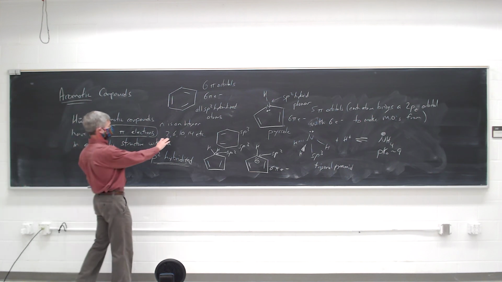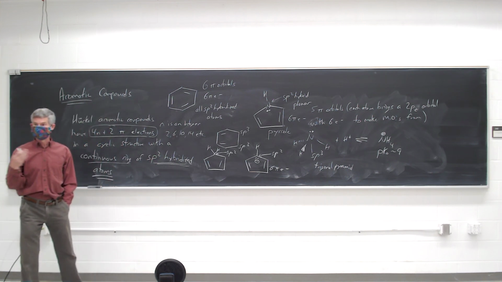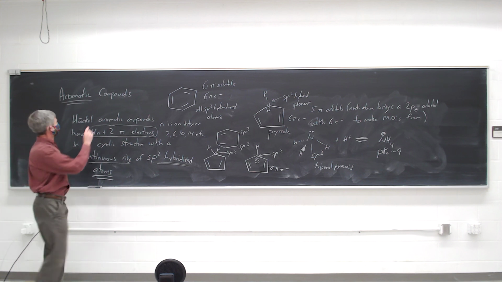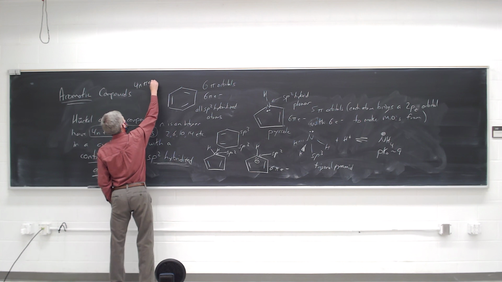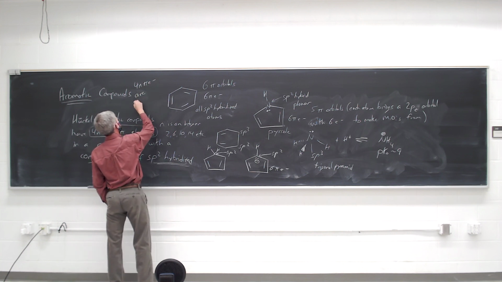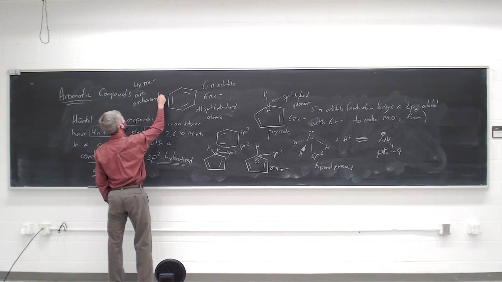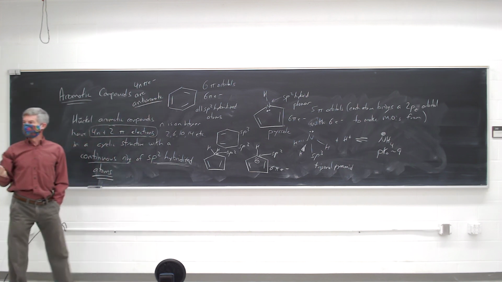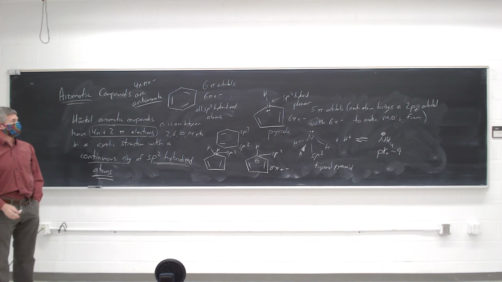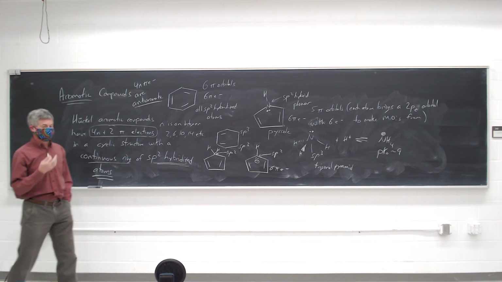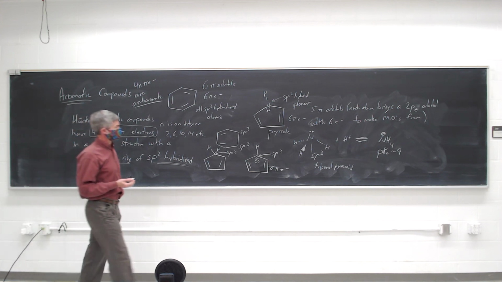But a 4 pi electron system is not aromatic, because it's not 4n plus 2, it's 4n. So things with 4n pi electrons are actually called anti-aromatic. And those are less stable than they would be if they were not a continuous ring of hybridized carbons. So in some cases, they don't even go aromatic.